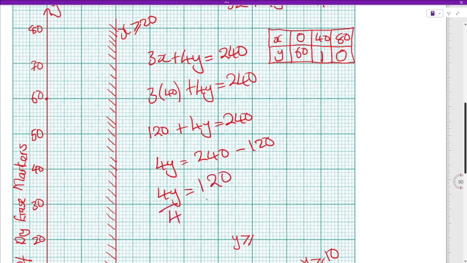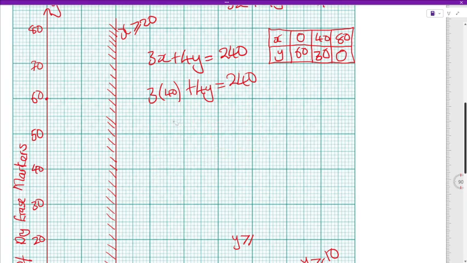Divide both sides by 4. The 4s will cancel, meaning your y will be equal to 30. So at this point, you've confirmed that you've gotten a whole number. Sometimes some values we may pick may give you values that convert to a fraction or a decimal. Those ones you change them. Don't give yourself pressure of trying to check where this decimal is going to be. Okay, so that is that.